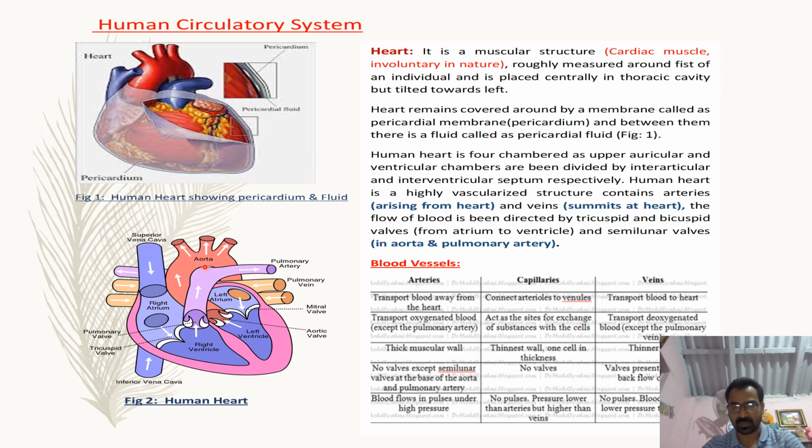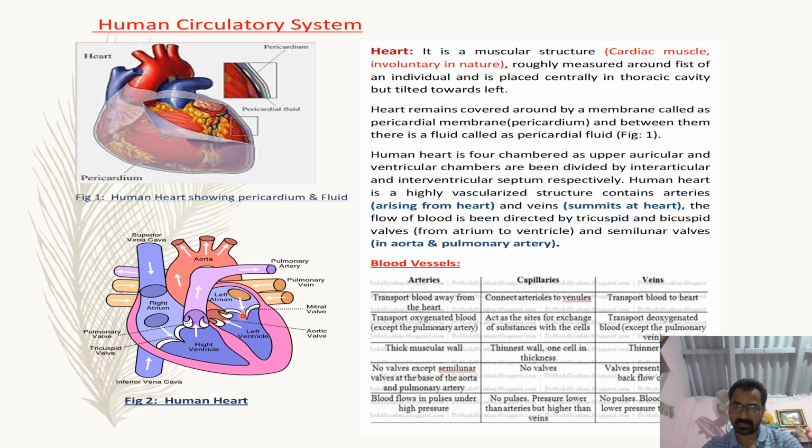So we can see the heart is a heavily vascularized structure having many vessels by which it remains connected. It has a covering layer which protects it. This covering layer is known as the pericardium. In between the pericardium and the heart there is a fluid called pericardial fluid. Valves play a very important role in regulating the flow of blood.